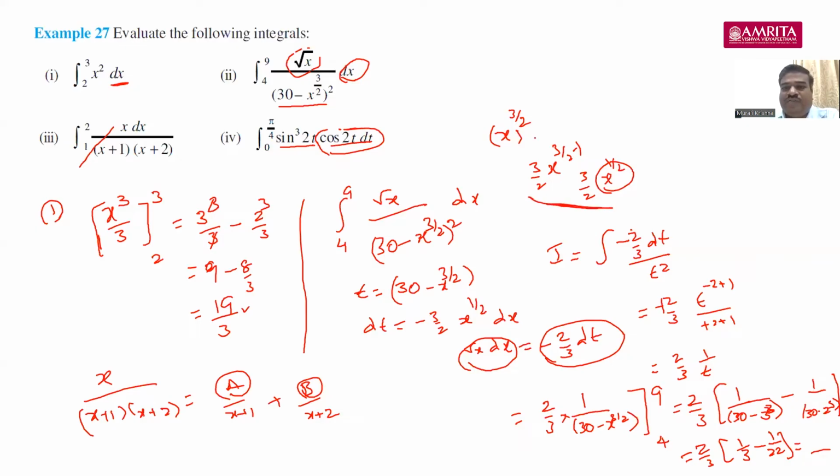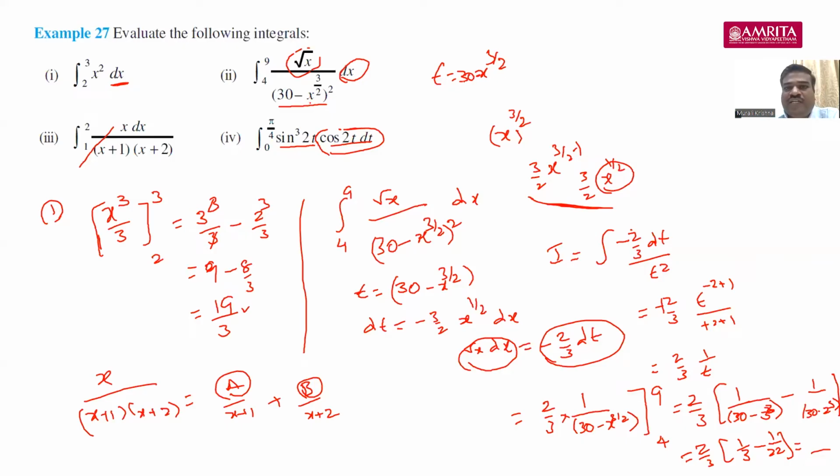Please observe. If you do this term's derivative, root x dx is coming. So just simply x power 1 by 2 will come, so that once we take t equal to that x power 3 by 2 or the entire thing, because this is just a constant number, there is not much difference. Either you take this term alone or this full term alone, that's not a big deal.